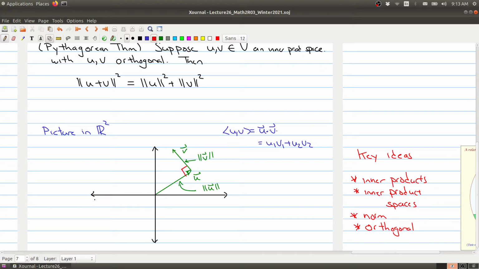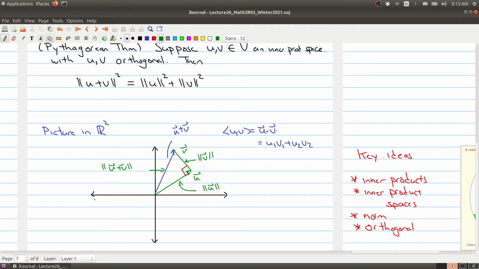And we're given that u and v are orthogonal. So that means these two vectors are at right angles. And this vector right here, maybe I'll color it in blue, is the vector u plus v, and its length is the norm of u plus v. This is stuff you would have learned in Math 1B03.